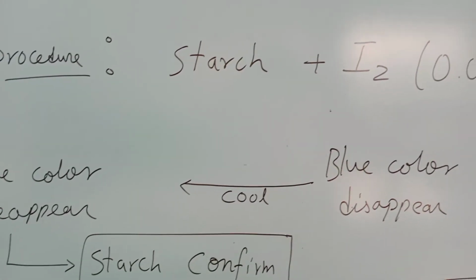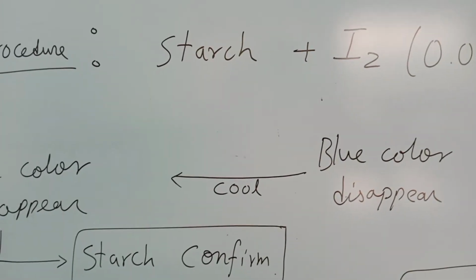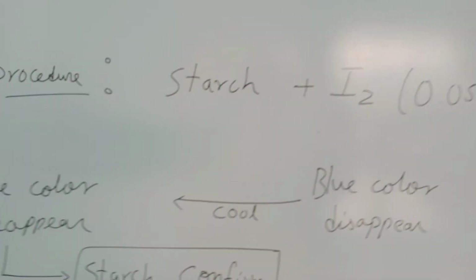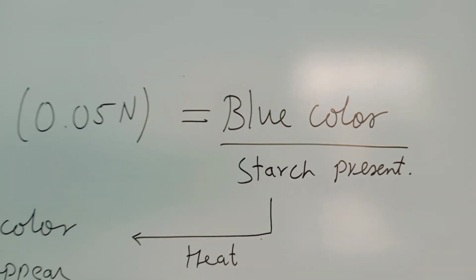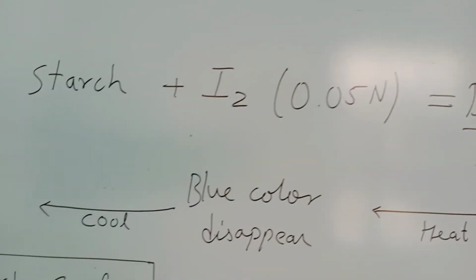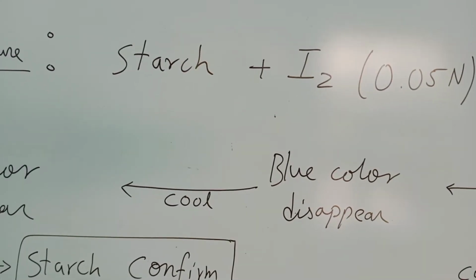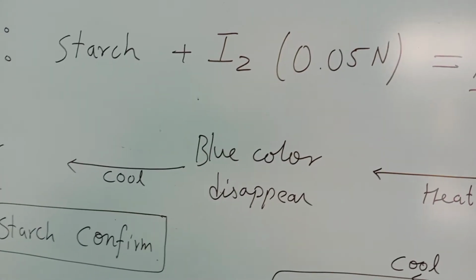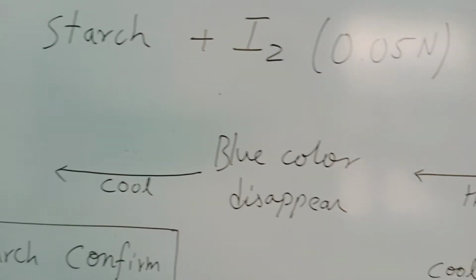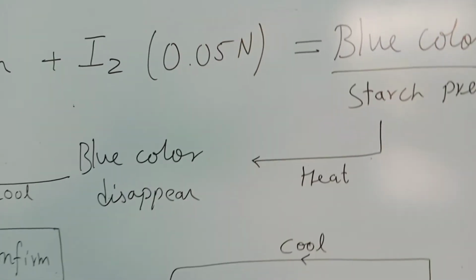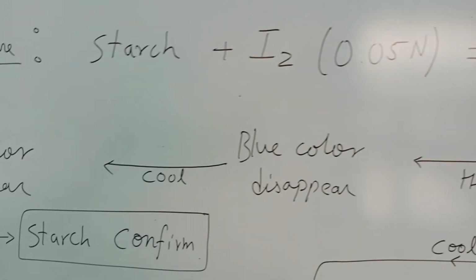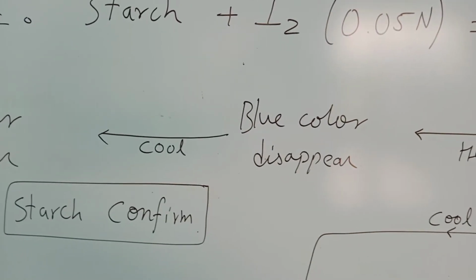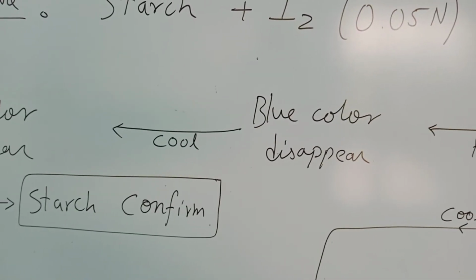So it is good to know why this blue color appears when starch reacts with the iodine, and what is the basic reason behind the blue color disappearing upon heating. So I will discuss very first why the blue color appears, and further I will discuss the reason behind the disappearance of this blue color upon heating.